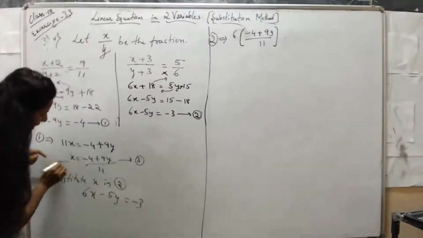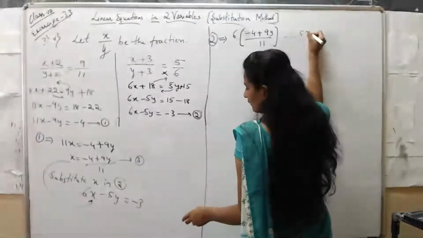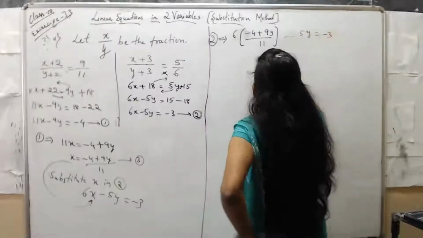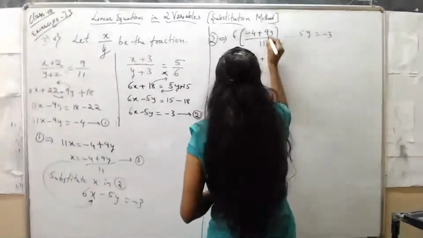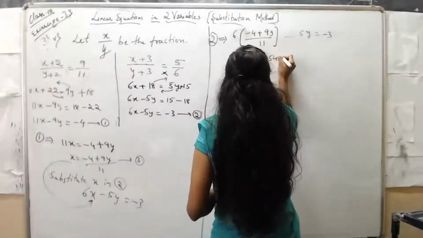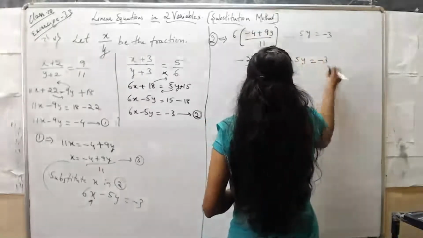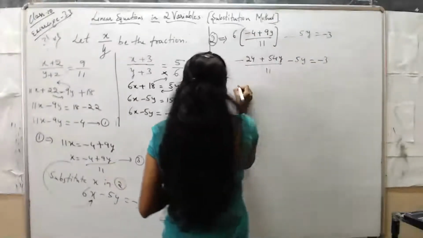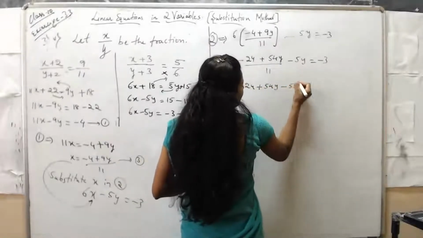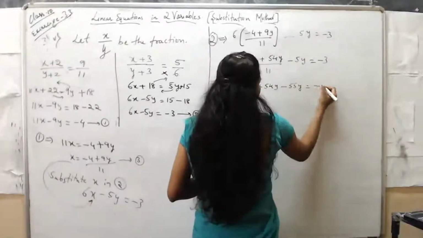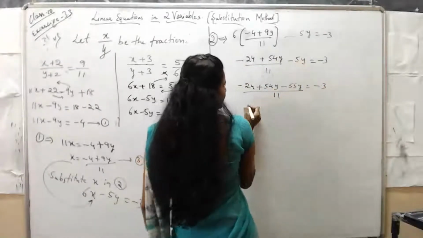I am substituting the value of x here: 6 into minus 4 plus 9y by 11, minus 5y is equal to minus 3. So minus 24 plus 54y divided by 11 minus 5y is equal to minus 3. Take LCM. Minus 24 plus 54y minus 55y is equal to minus 3 into 11. I have taken LCM here.